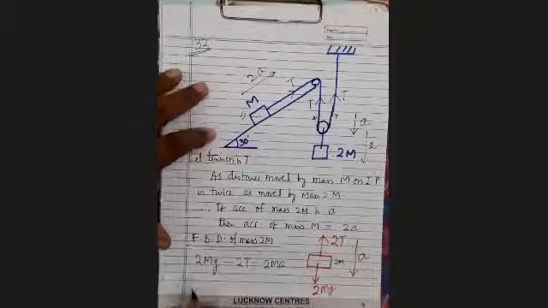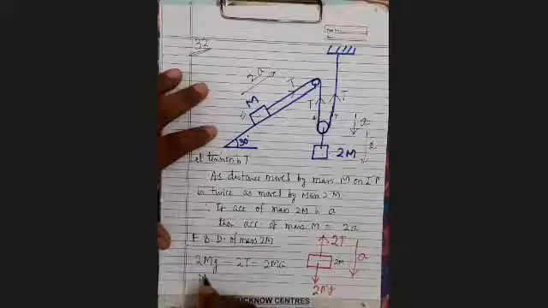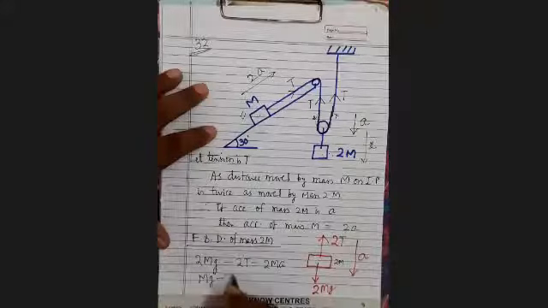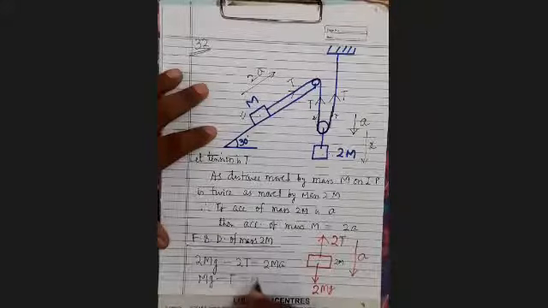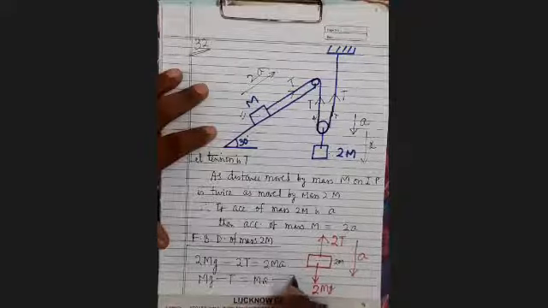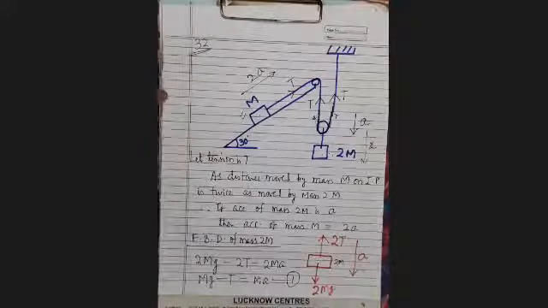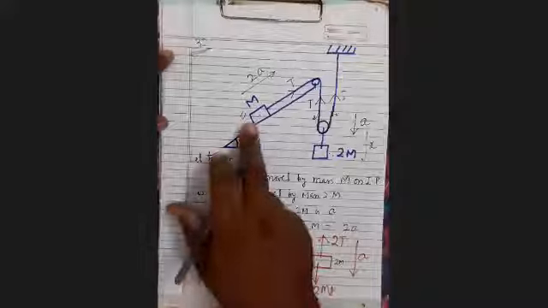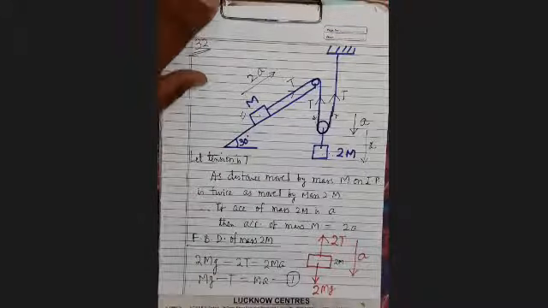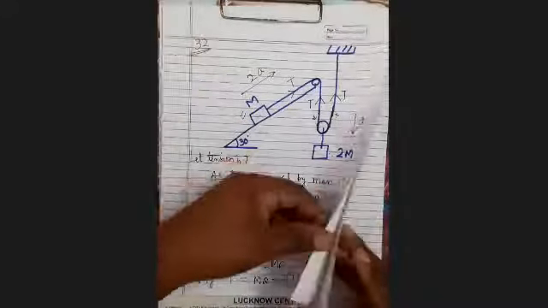You can cancel 2, so it will be mg minus T equals m into a. This is equation 1. Now see here, the equation of motion of the other part.